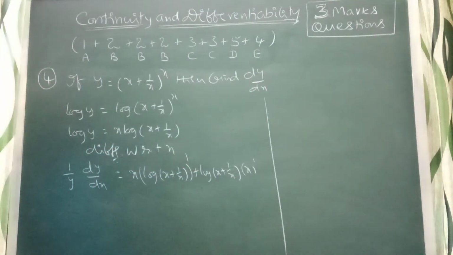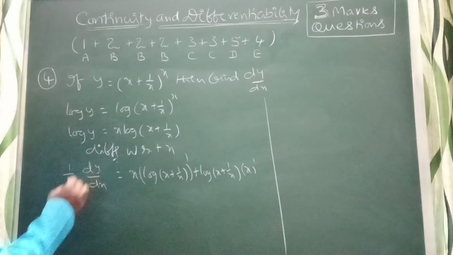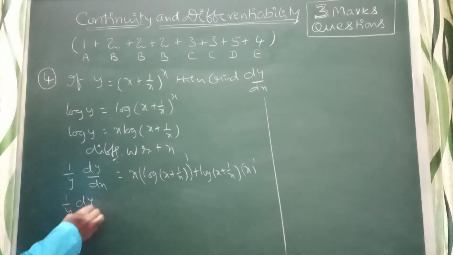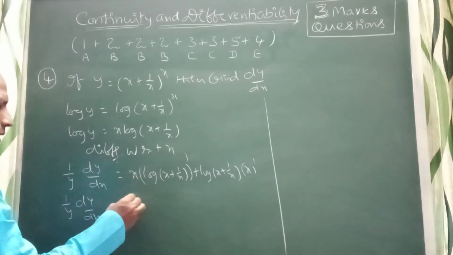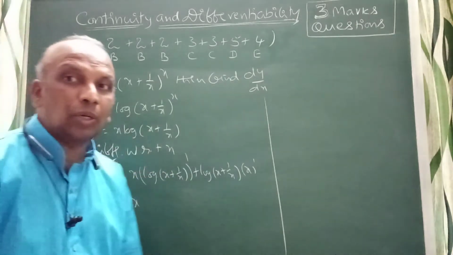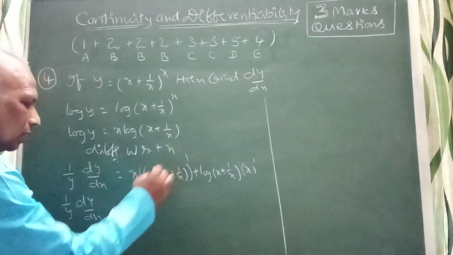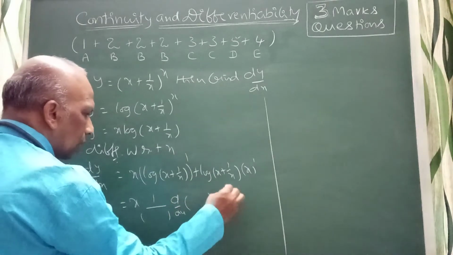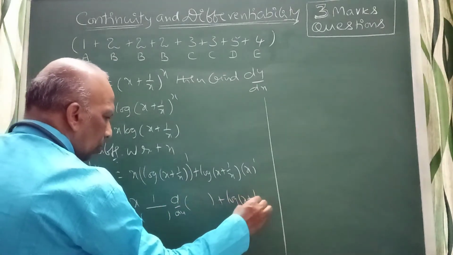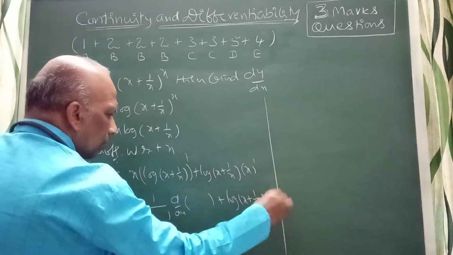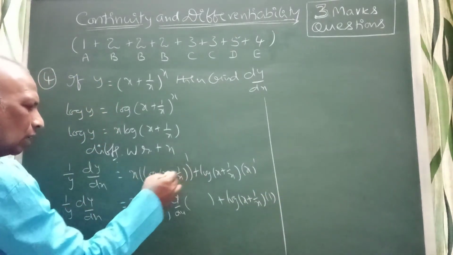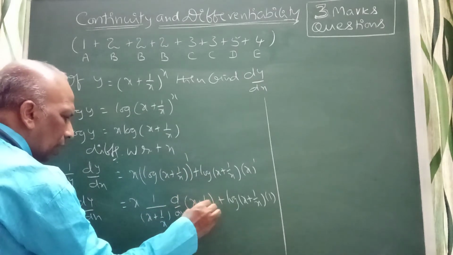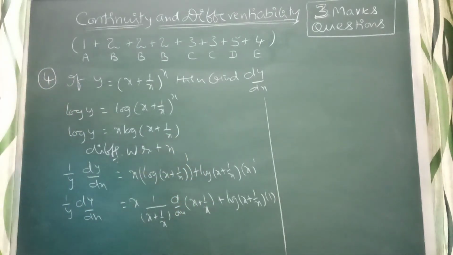So 1 by y into dy by dx is equal to x into derivative of log of something, which is 1 by something, into d by dx of that, plus log of (x plus 1 by x), and derivative of x is 1. Here what should I write? 1 by (x plus 1 by x) into the derivative of (x plus 1 by x). We get it like this.